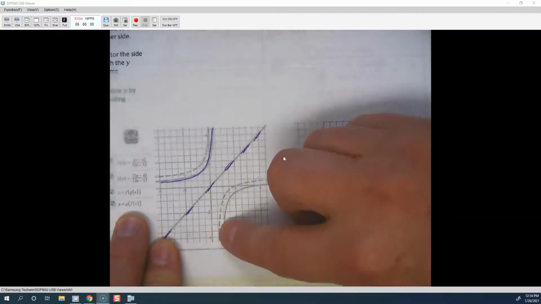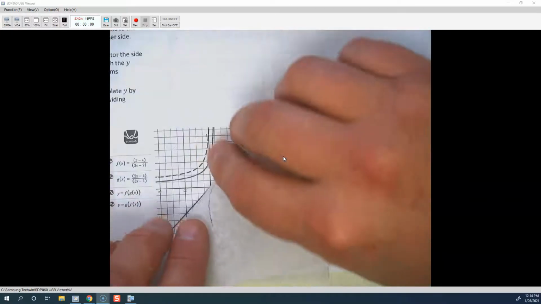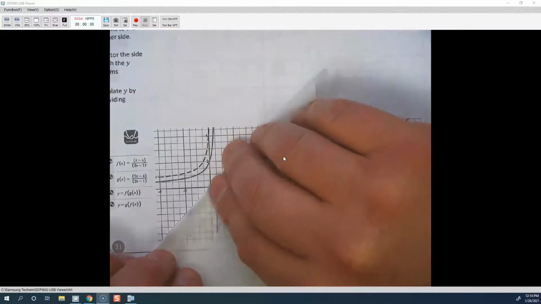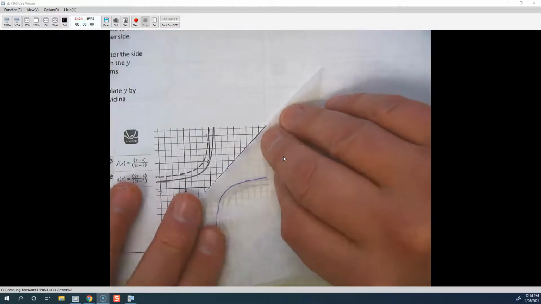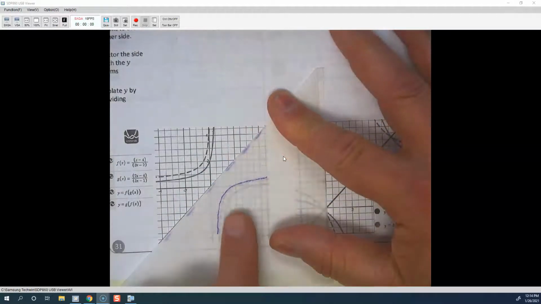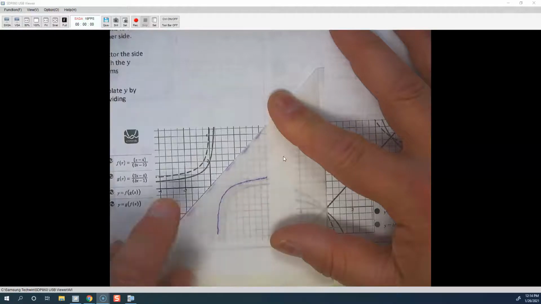And when I do it, it's not going to land on the other branch. It's going to land on this dotted branch, which is the inverse. Okay, so when I take that and fold it over, you can see it lands on the dotted graph, not the solid graph.